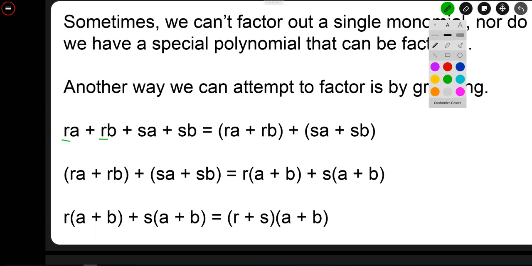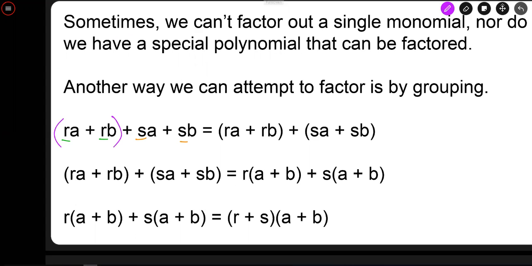And then the second 2 terms can both have an s factored out of them. So what we do is we put parentheses around the RA plus RB part and the SA plus SB part, and we create RA plus RB plus SA plus SB.